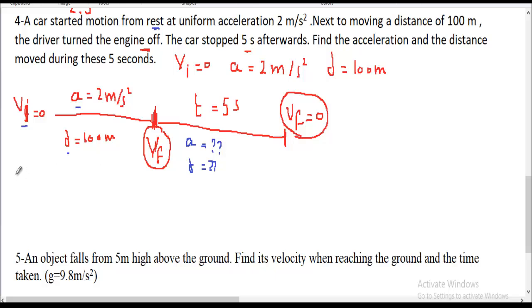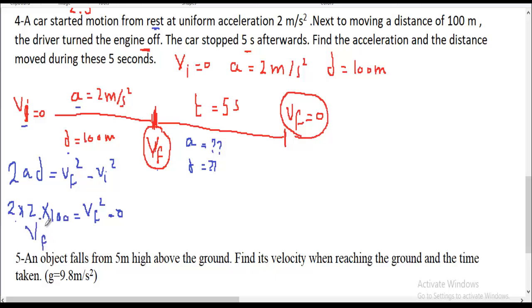You will use the third equation: 2 a d equals Vf squared minus Vi squared. 2 times acceleration, which is 2, times displacement equals Vf squared minus 0. So Vf squared equals 2 times 2 times 100. 2 times 2 equals 4, times 100 equals 400.